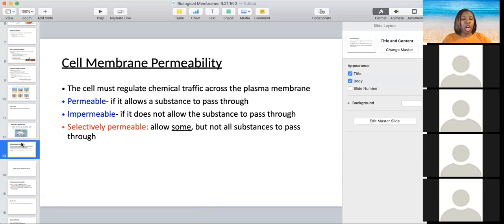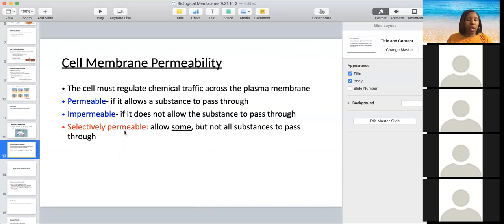If something is permeable, it allows substances to pass through. We use the term impermeable if the structure does not allow substances to pass through. The plasma membrane is not completely permeable, and it's not completely impermeable.